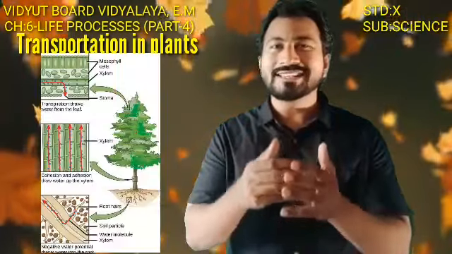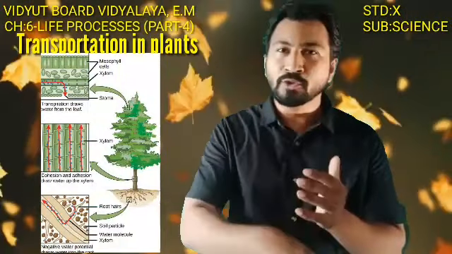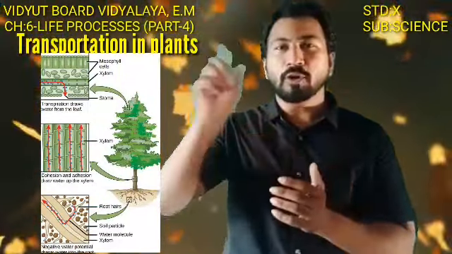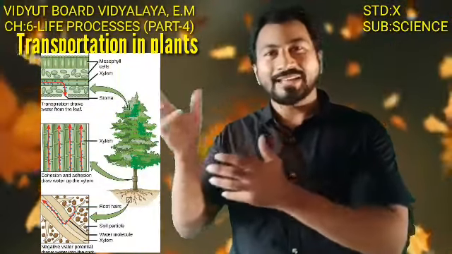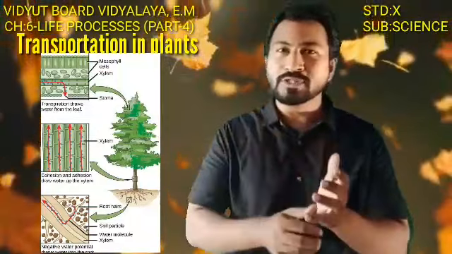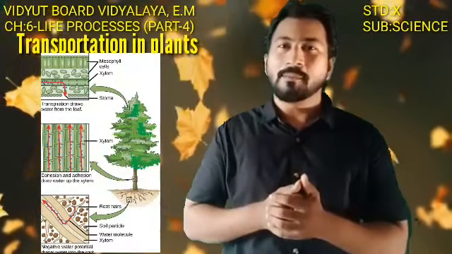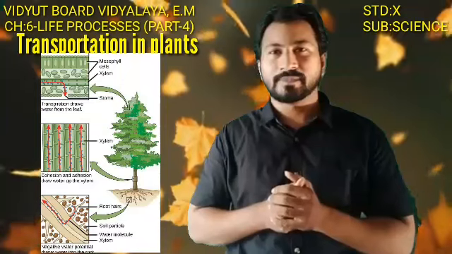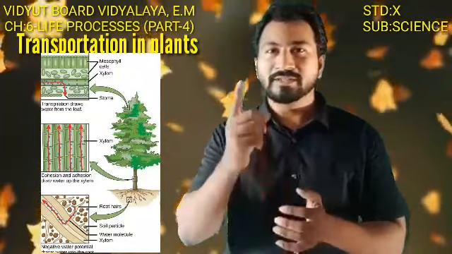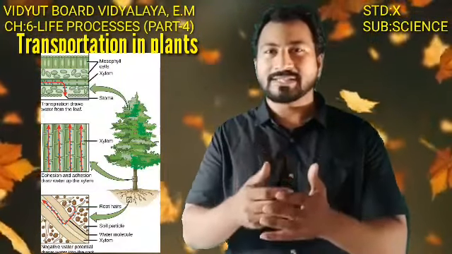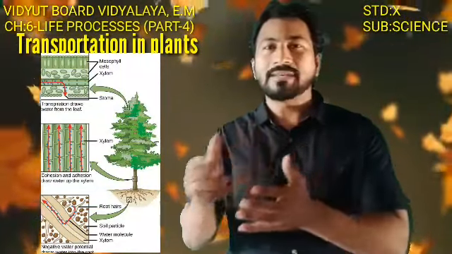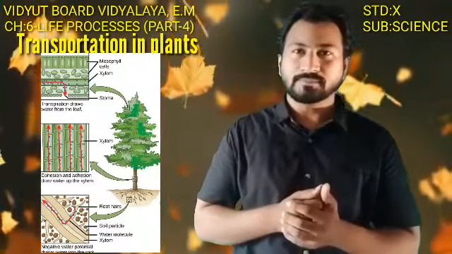Now this water is mainly transported from the roots to the topmost leaves by means of the xylem, and the food substances prepared by the plants at the leaves are transported to the roots and various other regions by means of the phloem. So let us discuss the first one, that is the transportation in plants by means of the xylem.